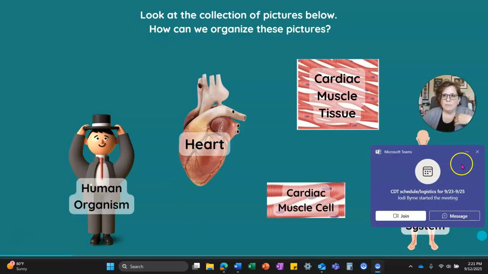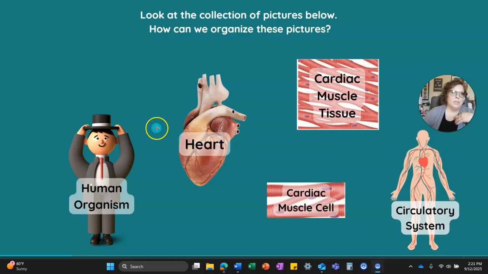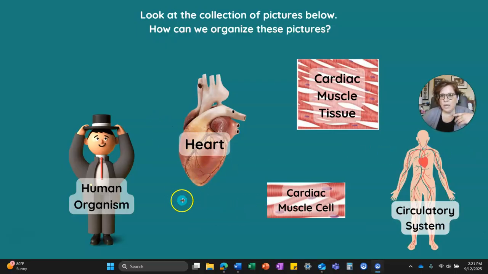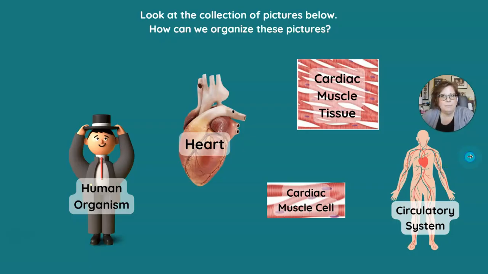We can organize them from simplest to most complex. We can organize them based on their age, how long they live. Individual cells typically replace themselves, but human organisms live a long time. For the purposes of this week, we are going to organize these basically from least complex to most complex. Let me show you what I mean.